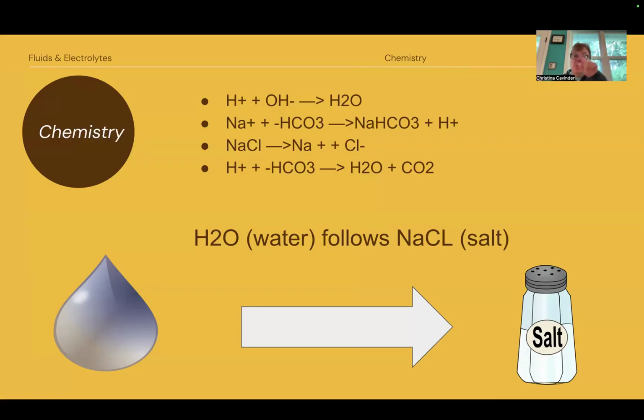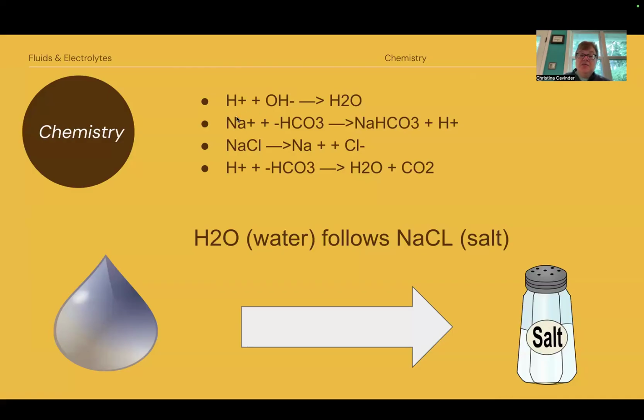So it's 1 over the hydrogen concentration. So the bigger the denominator is, the smaller the actual number. So the more of this you have, the more acidic the environment. Hydroxyl, the more of this you have, the more basic it is. So the pH increases.